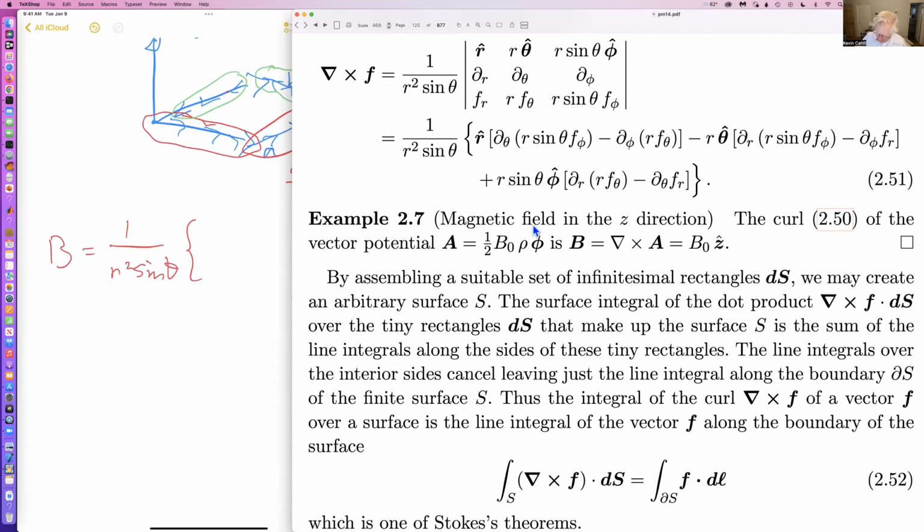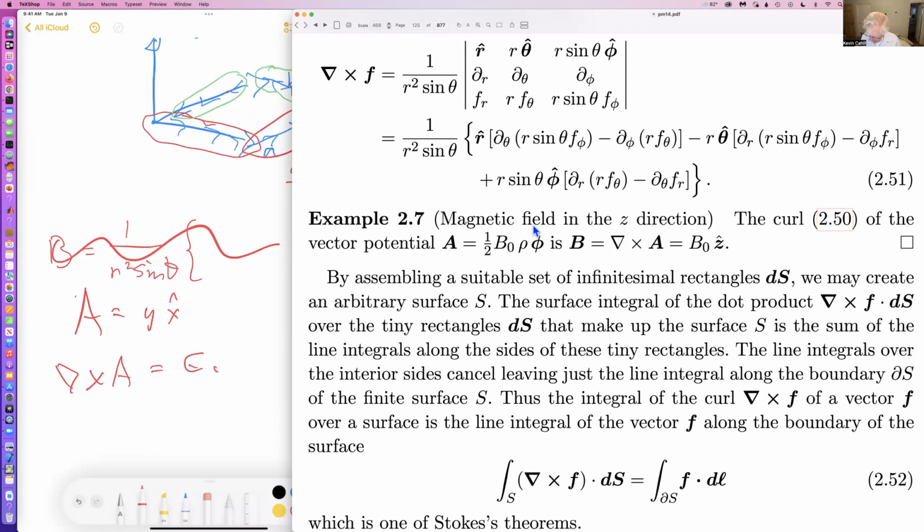All right, let's instead do this. Let's suppose A is equal to y x hat. Then the curl of A is going to be this sum, epsilon ijk partial j A_k.